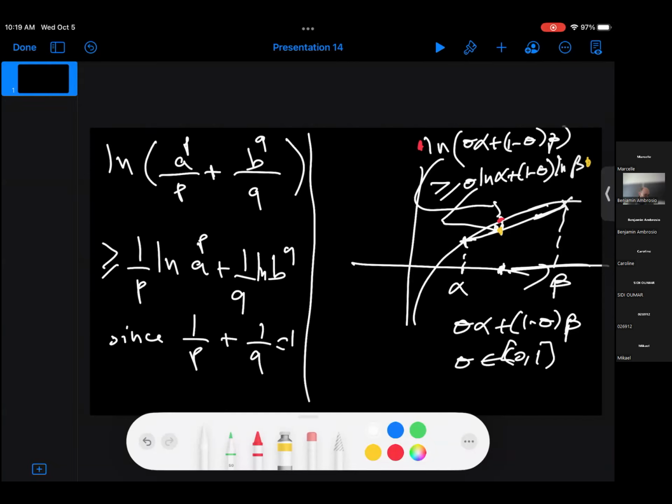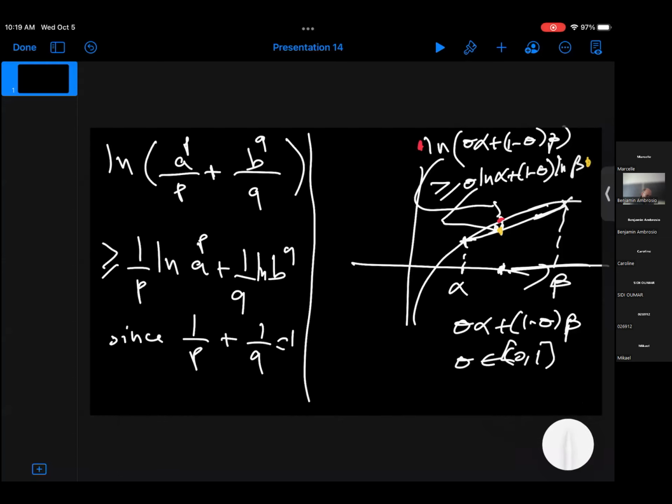All right. So once I have that, I can remark that the p here can come out, so it becomes ln of a plus ln of b, and this is ln of ab.